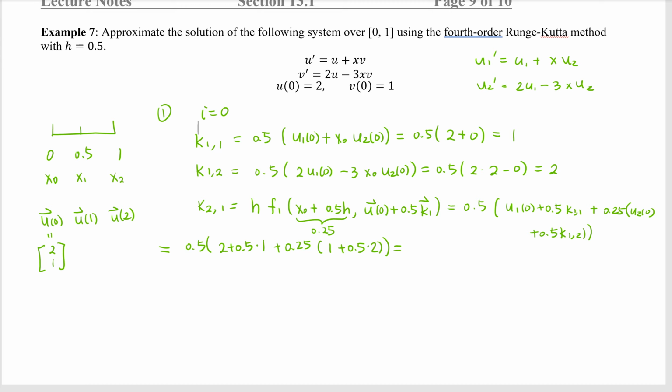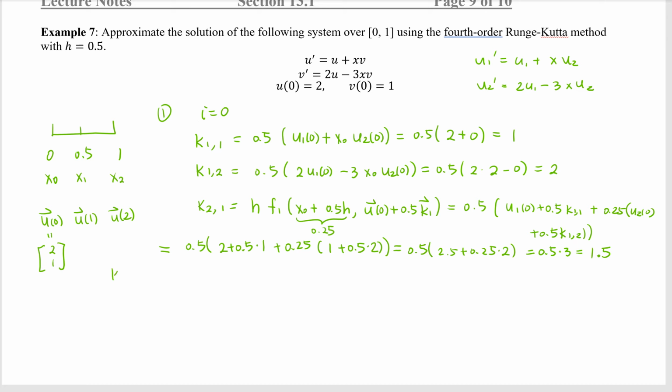Okay, that is 0.5, 2 plus 0.5, 2.5, plus 0.25. 2 times 0.5 is 1, 1 plus 1, 2. Oh, 2 times 0.25 is 0.5, plus 2.5 is 3. So this is the same as 0.5 times 3. So this is 1.5. Is that okay, everybody?